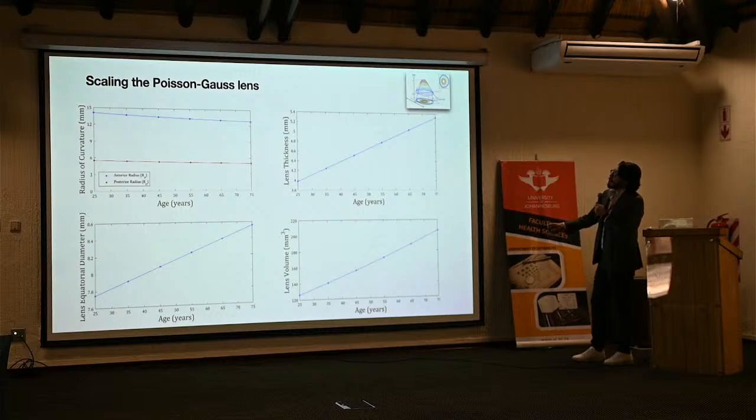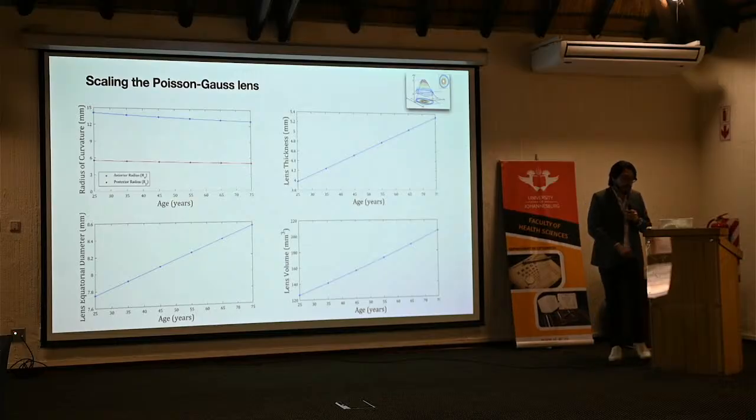And then with this scaling, we observe, of course, an increase in the lens thickness, an increase in lens equatorial diameter, and of course in the volume, but this is important because here we have a more pronounced decay in the anterior radius of curvature compared to the posterior.